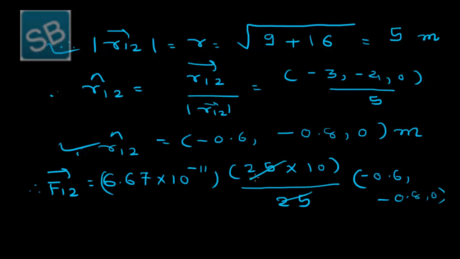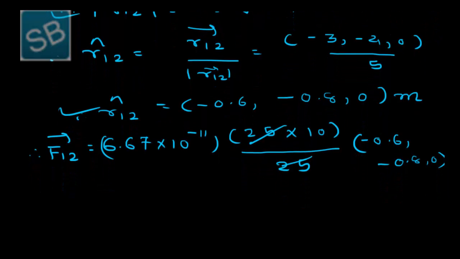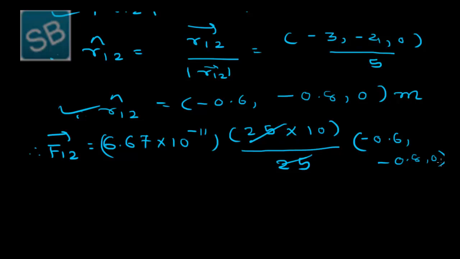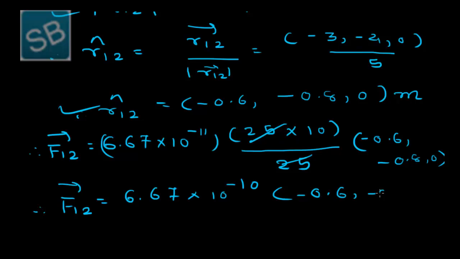So here 25 is cancelled, and so the force exerted is given by 6.67 into 10 to power minus 10, because the 1 is cancelled out, into (-0.6, -0.8, 0). So this is the value of force on particle 1 by particle 2.